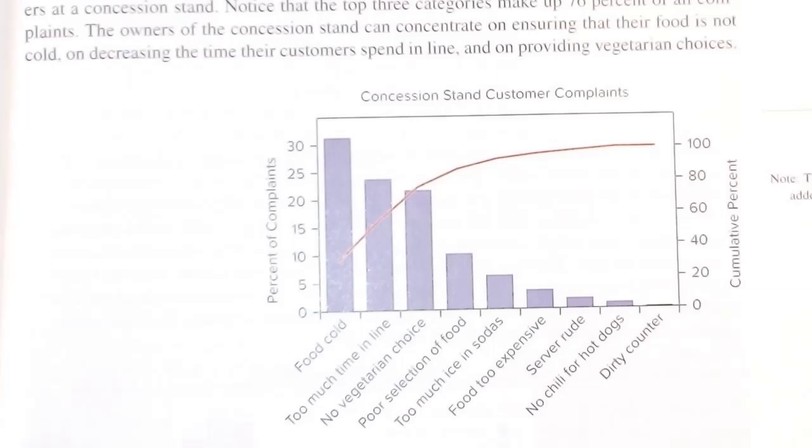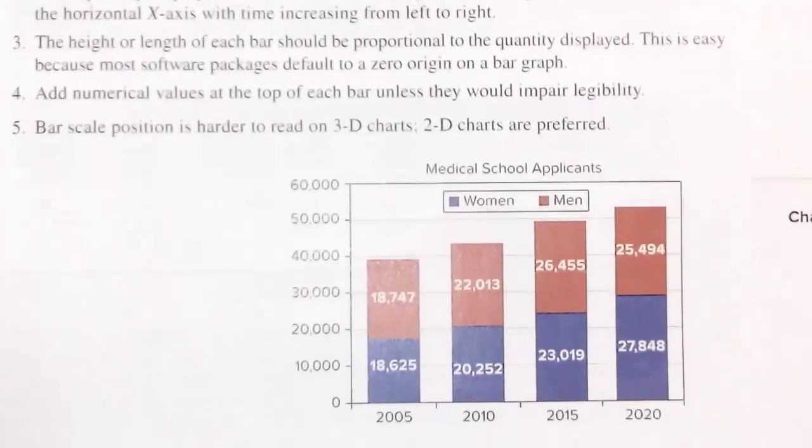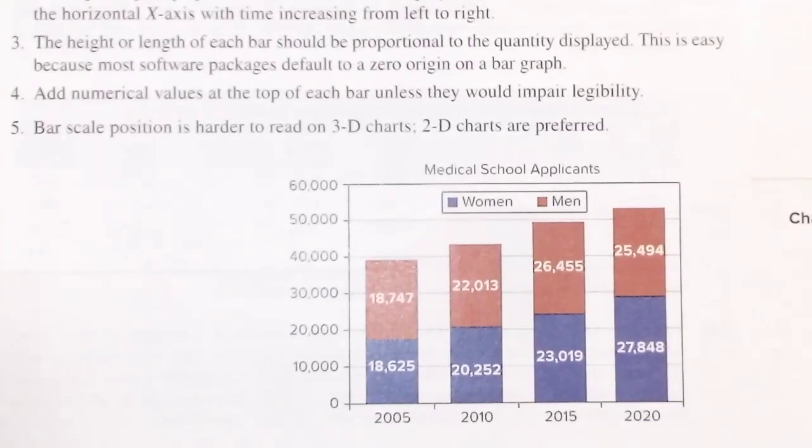I'm going to show you a chart I hate. And then I'm going to explain to you why I hate it. This is a stacked column chart. Applications to med school over time have increased, yes? The total number of applications is the height of the chart.